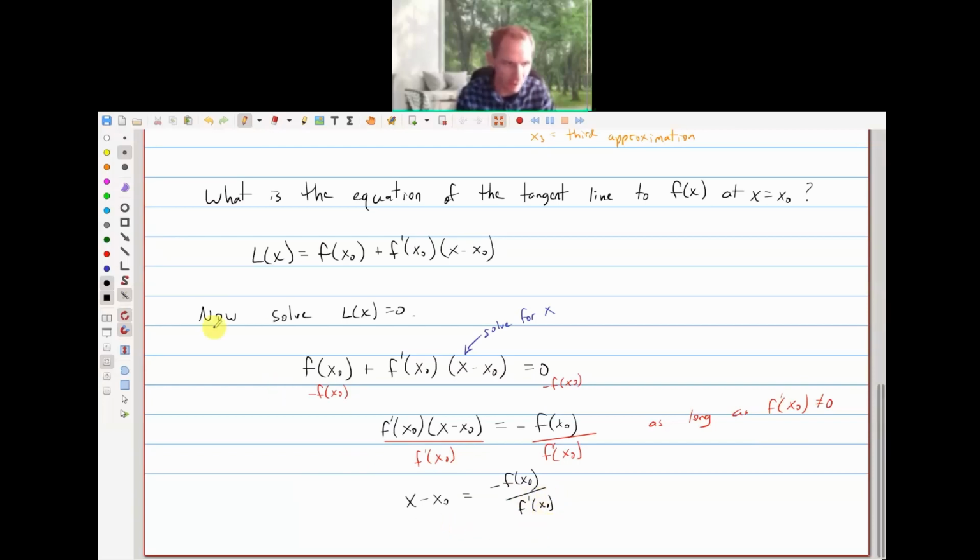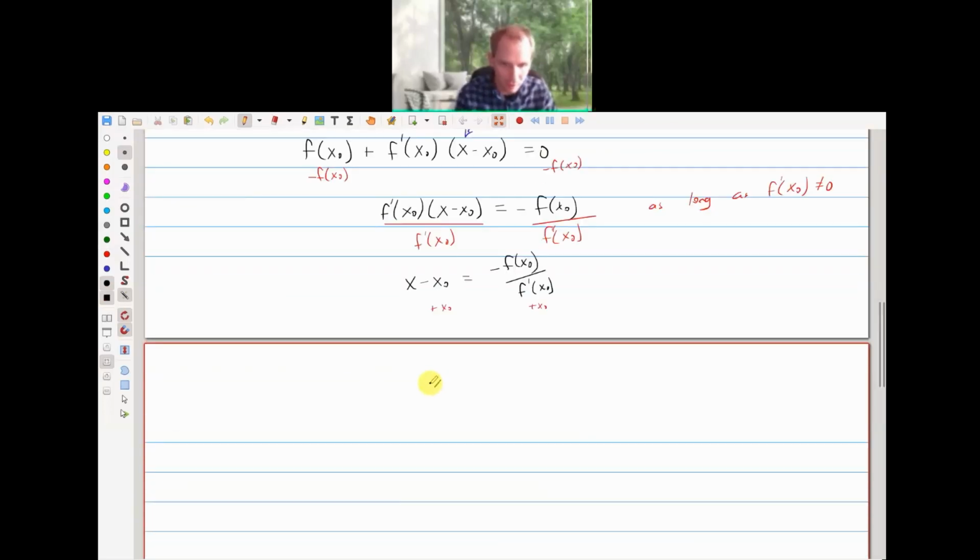And then our last step is going to be add x0 to both sides. So then we have x equals x0 minus f of x0 over f prime of x0. This gives us the value of our next guess. So our first approximation, x1, is going to be x0 minus f of x0 divided by f prime of x0.